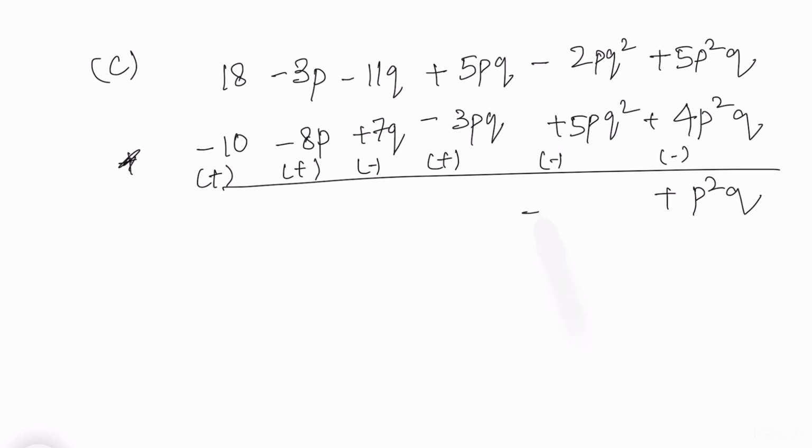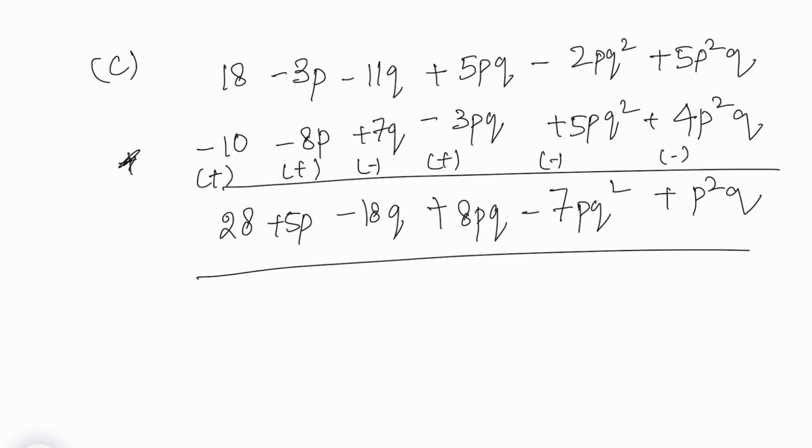Minus minus will be minus 5 minus 2 minus 7 pq square, plus is plus 8 pq, minus minus is minus 11 plus 7 is 18, and plus 8 minus 3 is plus 5p, plus 18 plus 10 is 28. So this is your answer.